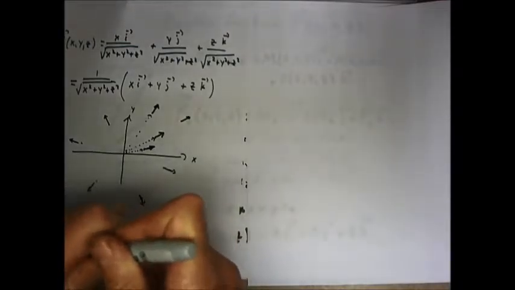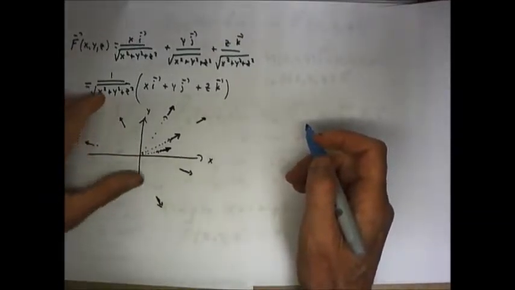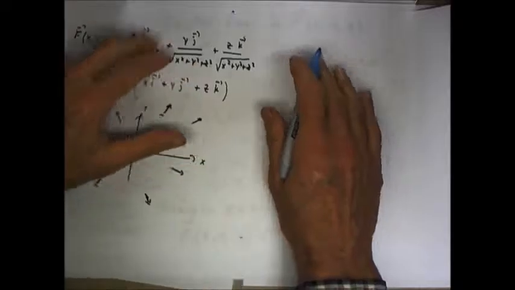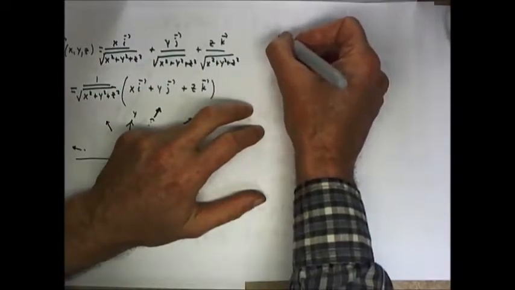One more example would simply be the field that we would get by, instead of dividing by the square root of x squared plus y squared plus z squared, let's just stick with our same original vector.